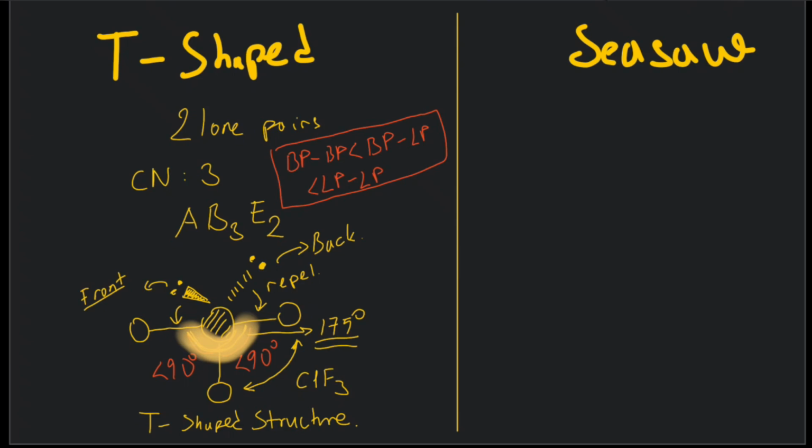And the other structure is the Seesaw, which is another harder example for the VSEPR theory. In Seesaw, we have one lone pair, and we have 4 atoms around the central atom.